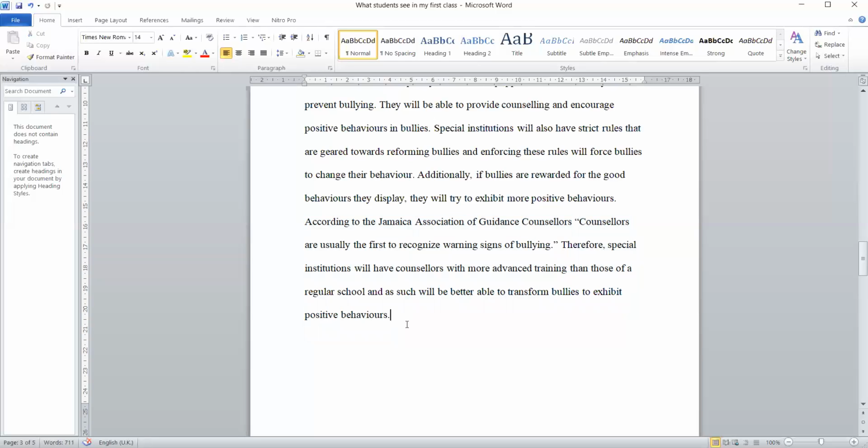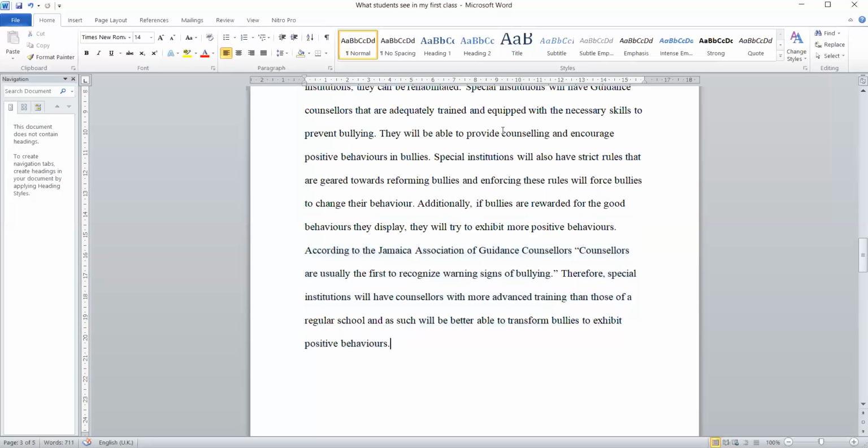So remember that we're trying to convince here again. So in order to say that bullies should go to special institutions, you'd have to compare why they should go to a special institution to get guidance counseling when regular schools also have guidance counselors.